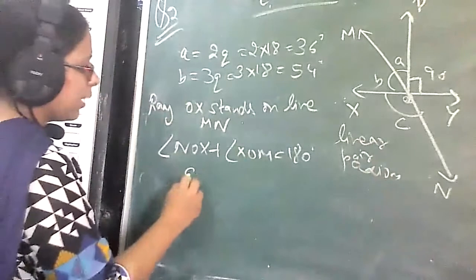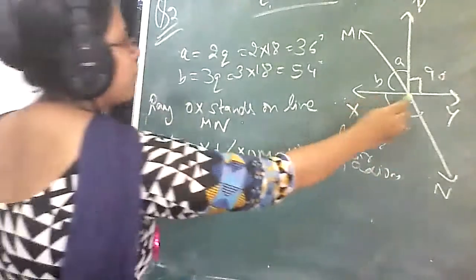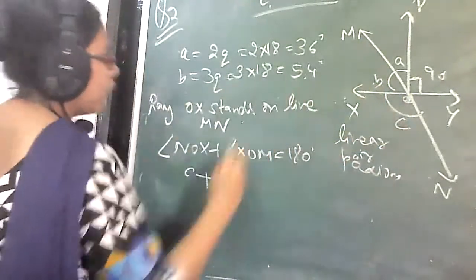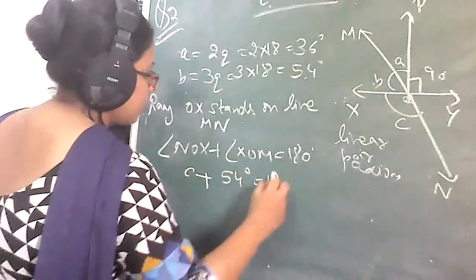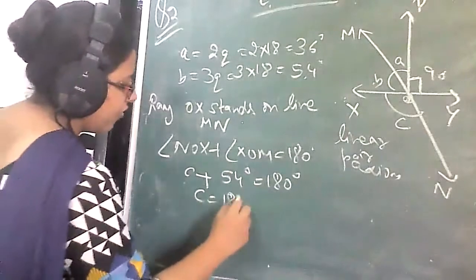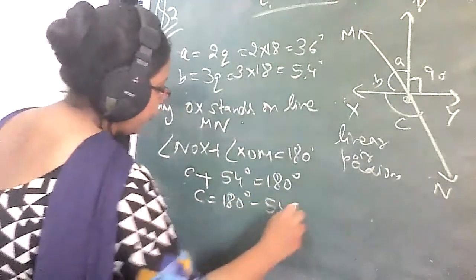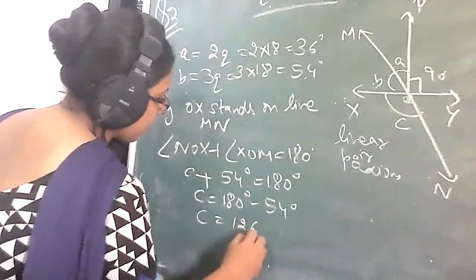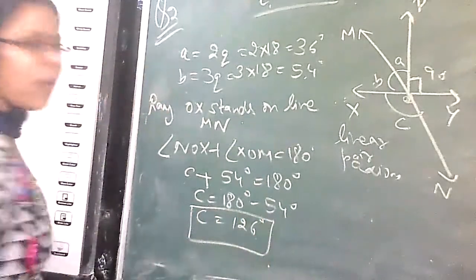Angle NOX is nothing but C. Angle XOM is nothing but B, and that is equal to 54 degrees. So C plus 54 is 180 degrees. Therefore, C will be 180 degrees minus 54, that is 126. Therefore, you have got the value of C.